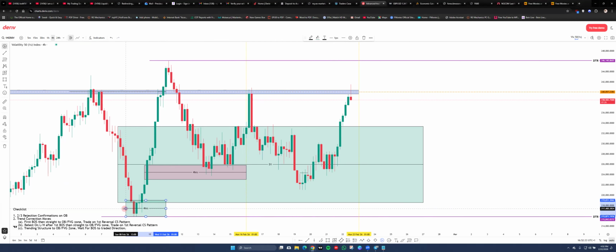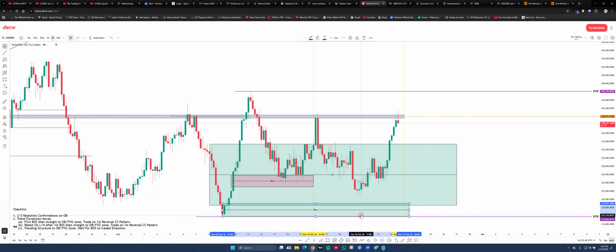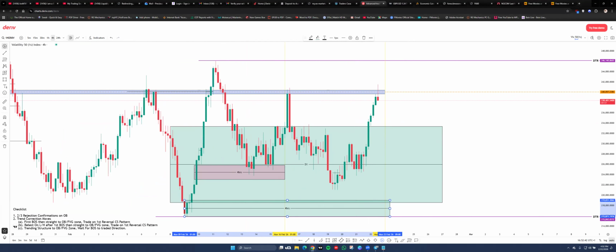So yep, somewhere here. Pardon me, I've not put these things together before now. So I'm putting it in front of you so you see how I'm doing it. So there's another fair value gap here.